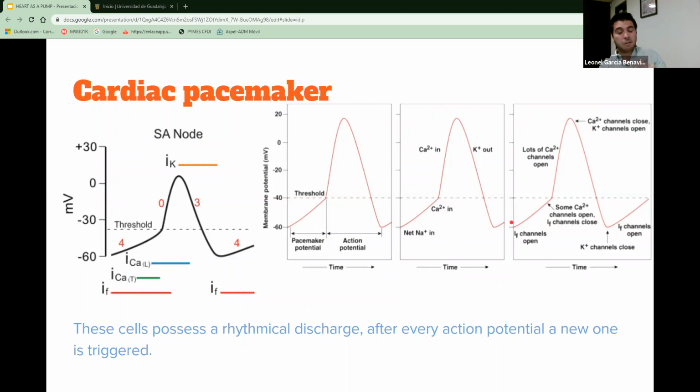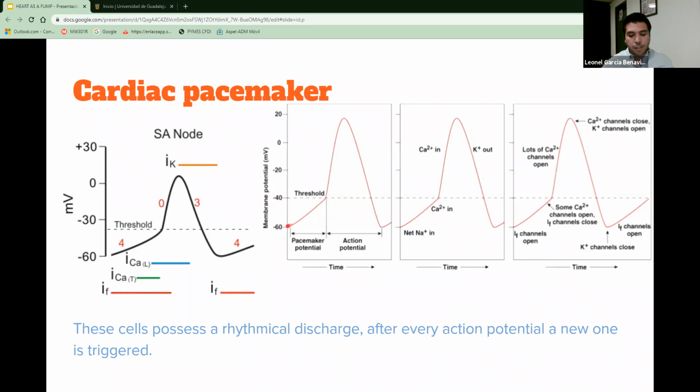If the AV node works fine, it's not going to be the best pacemaker, but it can work, and it can make it work for that person. Okay, so we talk about the SA node being the original pacemaker.